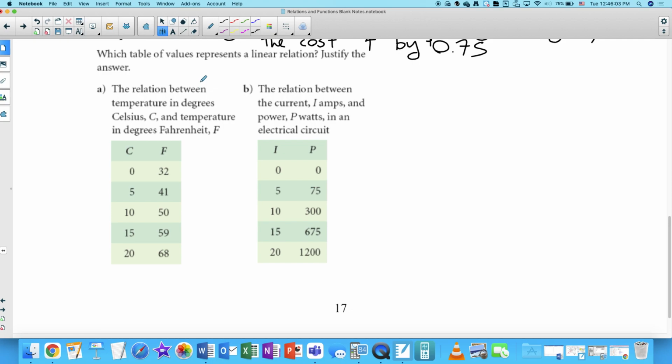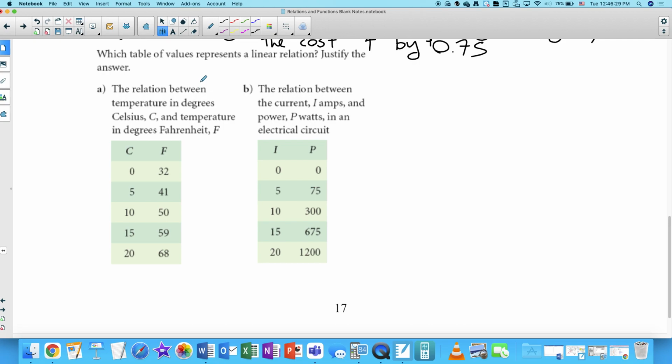And then the second one is a relation between a current and power in an electrical circuit. So I want to know whether these are linear or not. What do you think? Yes? It's linear. Okay, yeah, this one's linear.